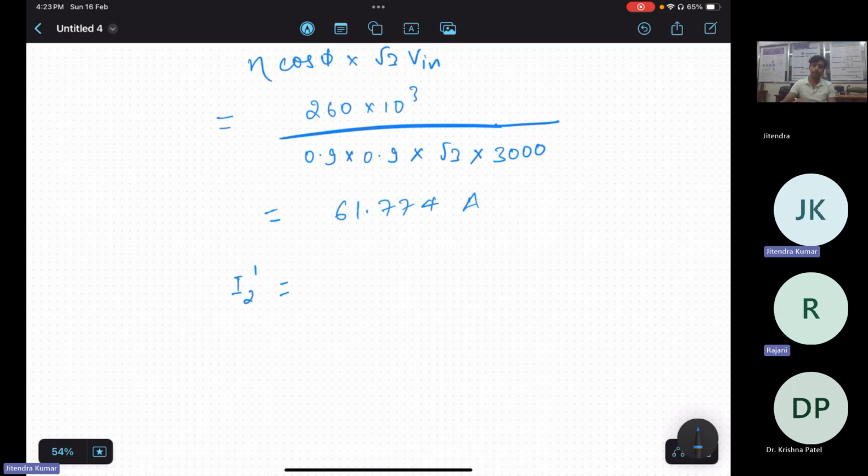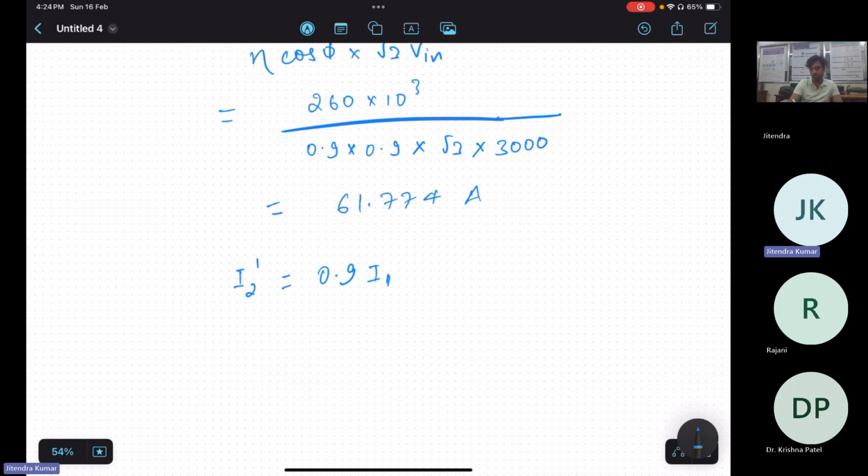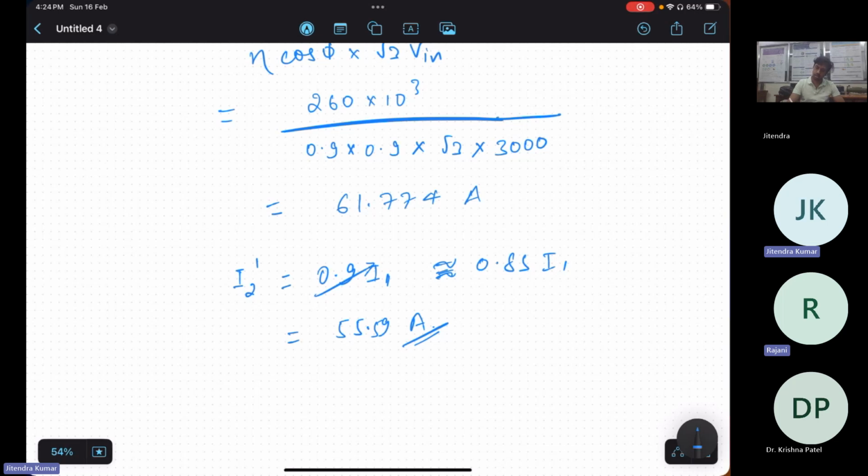Consider 0.9 I1, since 90% is given. It is up to you, like 85%. If you consider 0.9 I1, the rotor current is 55.59. And if it is 0.85, then it is 52.50.